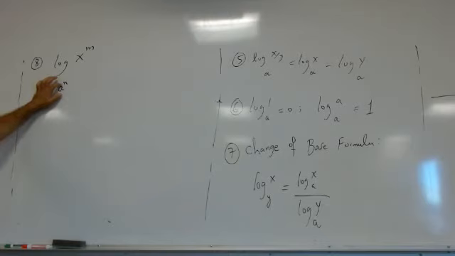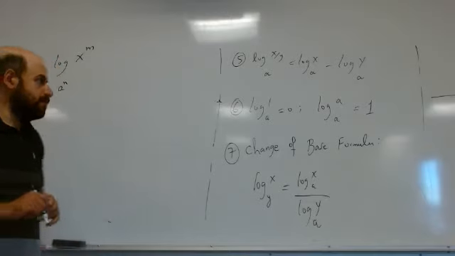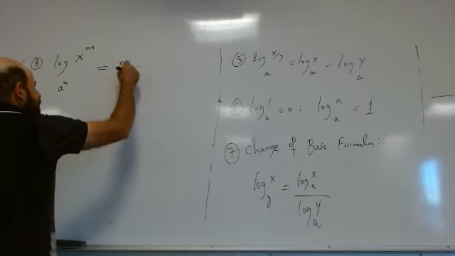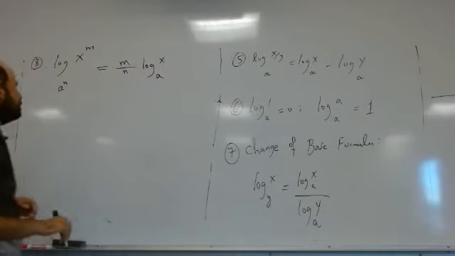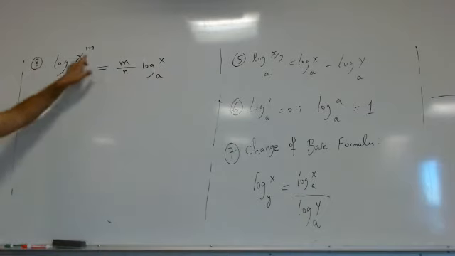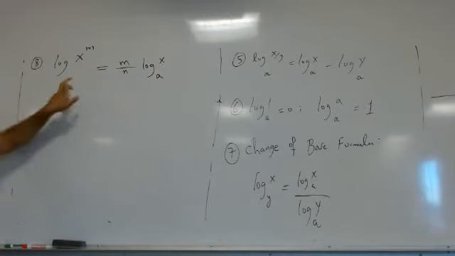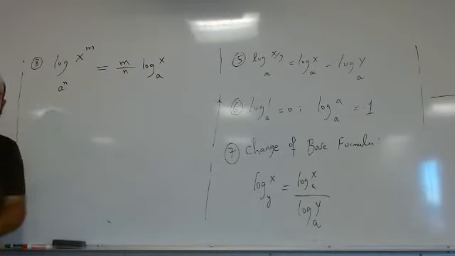This power appears in the base, so we can still take this out, but this time as a denominator. So this will be the same as m over n times log x in base a. So if you just have a power here, you can take it out as numerator. If there's also a power in the base, you can still take it out, this time as denominator.